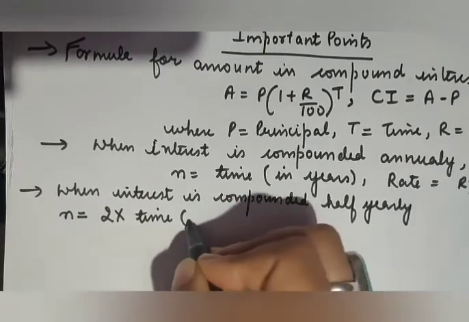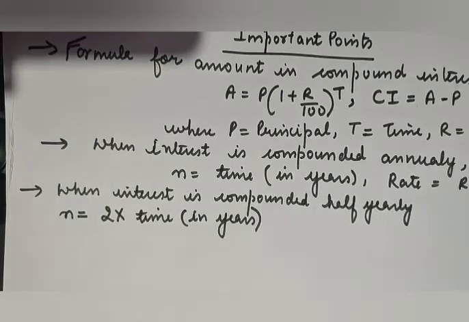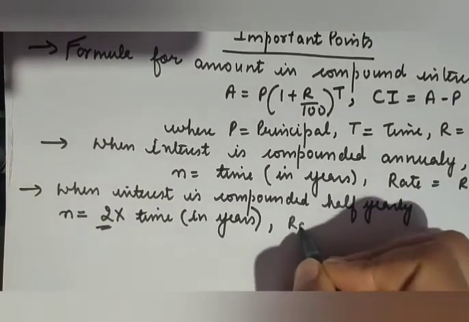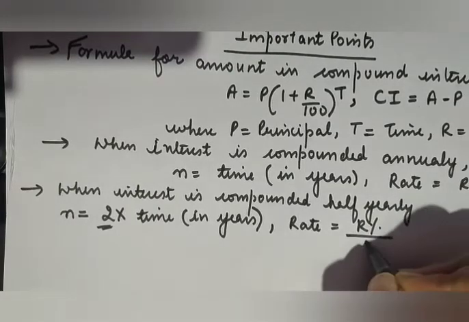I hope you all know that there are 2 half years in 1 year, so there are 4 half years in 2 years, so we are multiplying 2 with our time here, and for rate we will divide it by 2, R% per annum by 2.